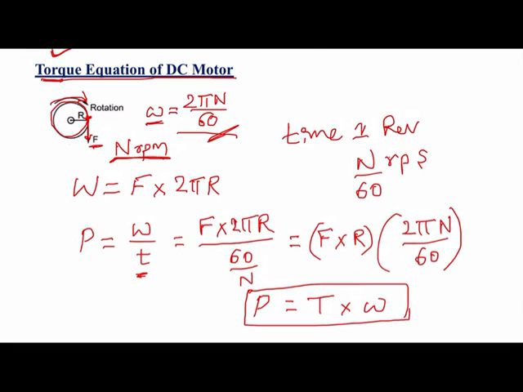Since the rotor and shaft are rotating, there will be a torque. We need to consider this torque for the DC motor. Let us say the total gross torque developed by the armature of the motor, meaning the torque developed in the rotor part, that is the armature.